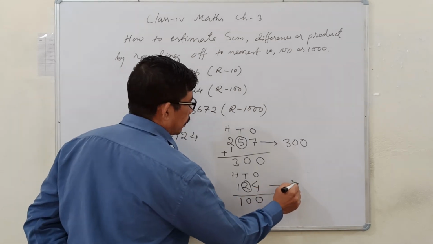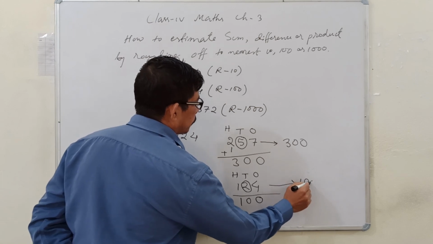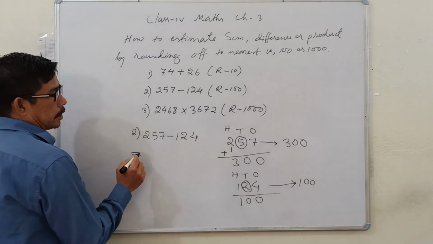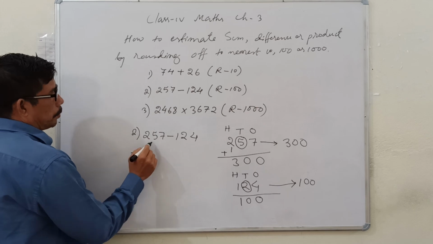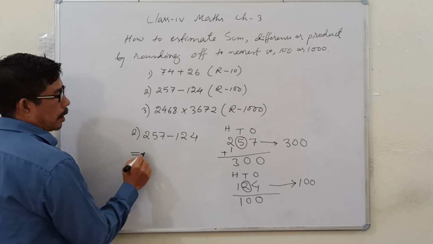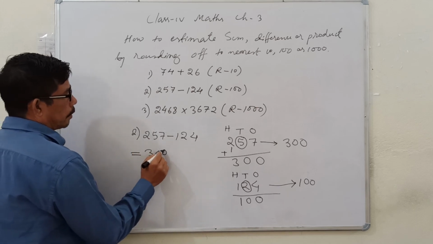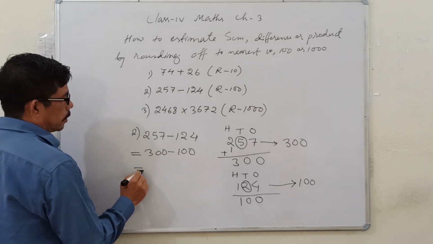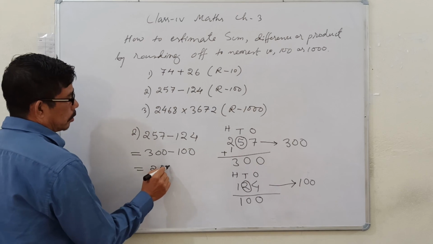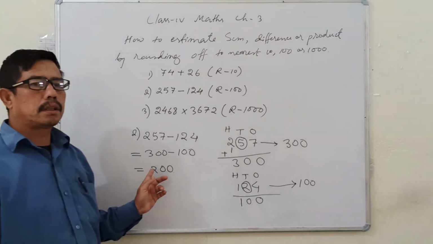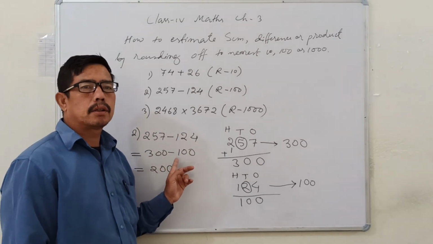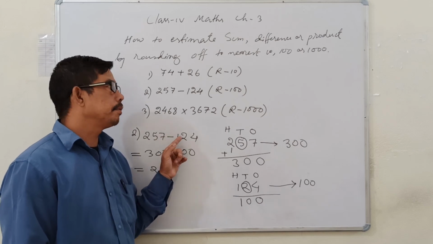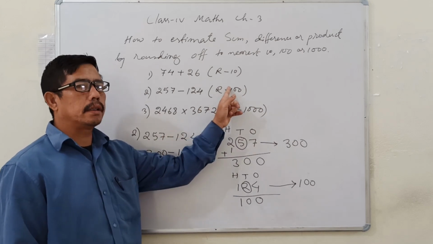So, after rounding, you will get 100. So the estimated difference of 257 and 124 becomes 300 minus 100, that is 200. This is how to find the difference of two numbers by rounding off the numbers to nearest 100.